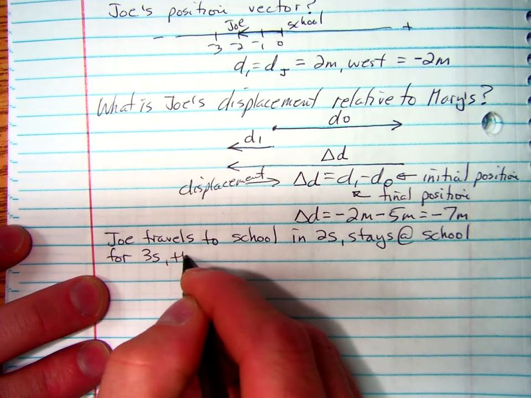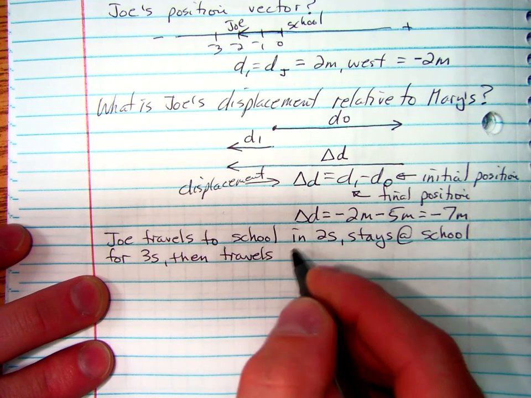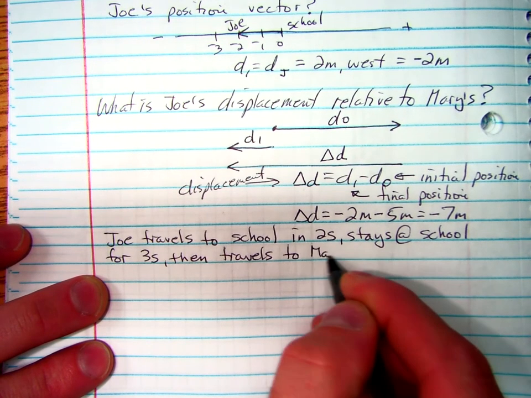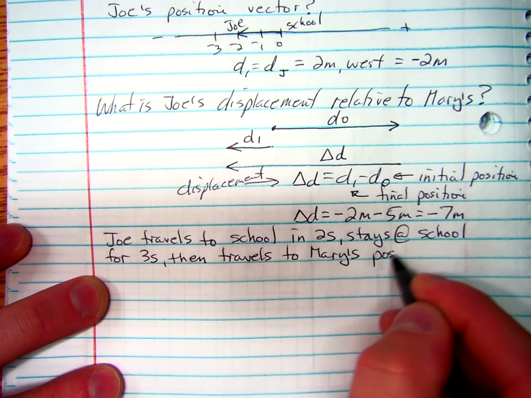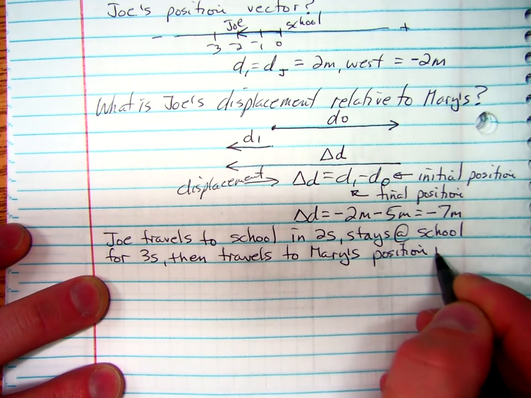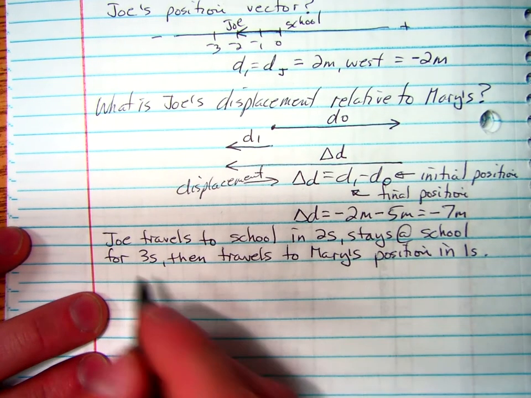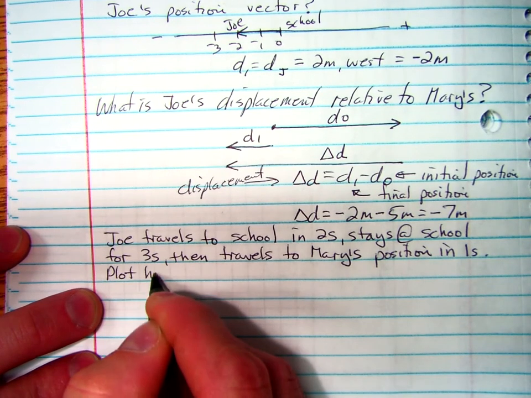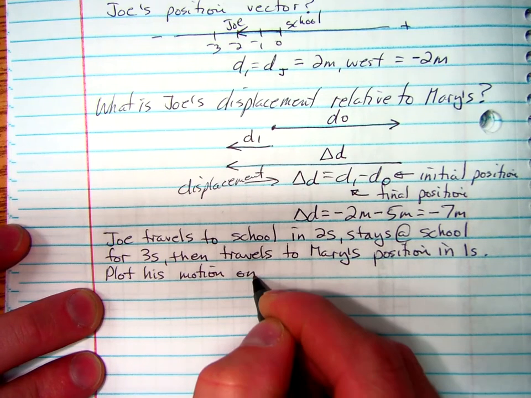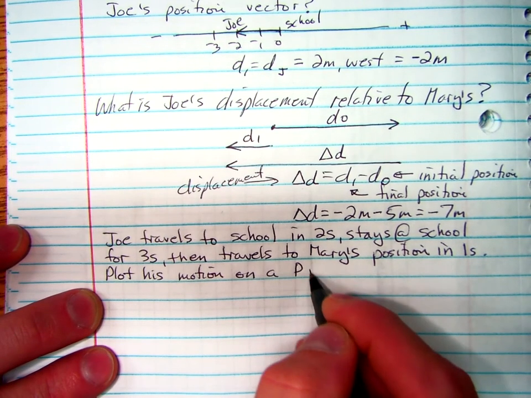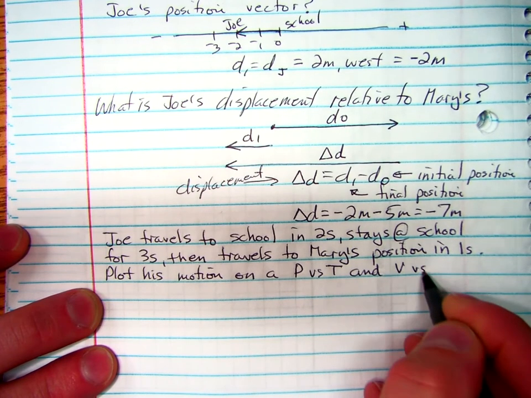Then travels to Mary's position in 1 second. Plot his motion on a position versus time graph and velocity versus time graph.